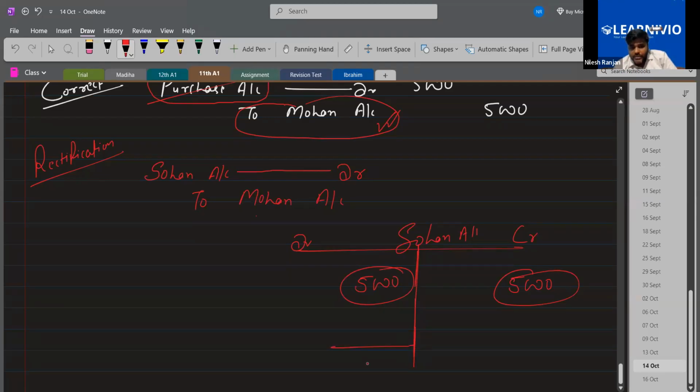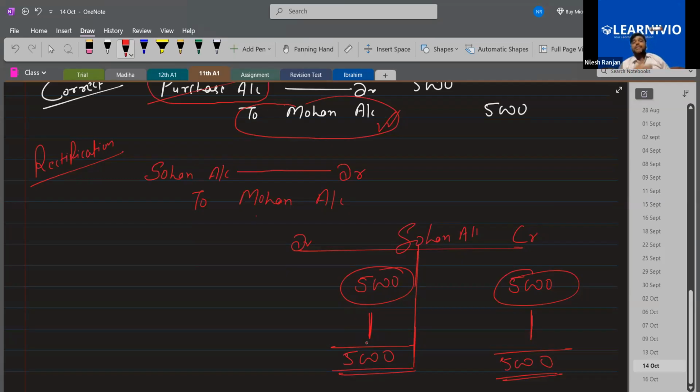When you deduct one side from the other, both side totals will be 5,000 and there will be zero balance, either on the debit side or on the credit side. Both sides are equal, so there will be no balance. Why is balance calculated? Because whenever we, let's say, purchase goods from Sohan, Sohan is our creditor, and we have to pay 5,000 to Sohan.